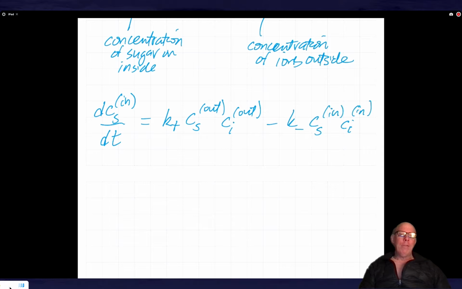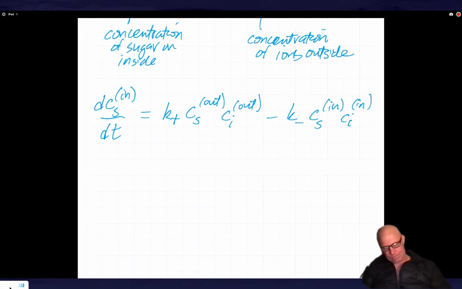But then how often this happens is going to be proportional to how many sugars there are on the outside and on how many ions there are on the outside. And then similarly, I have the back reaction, which I show you here, and that has to do with the fact that I could go in the backwards direction, and that means taking sugars from the inside and sending them back over to the outside, and ditto for the ions.